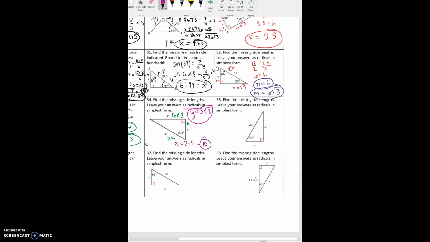Find the missing side lengths. Leave your answers as radicals in the simplest form. 30, 60, 90. H square root 3, h, 2h.